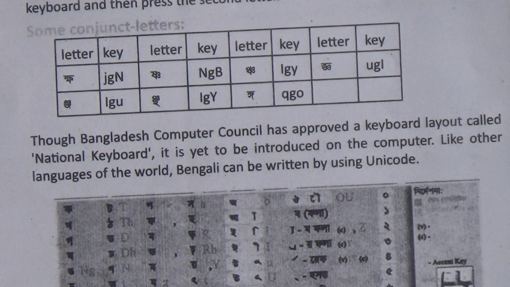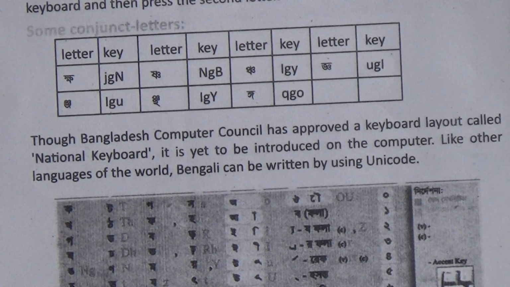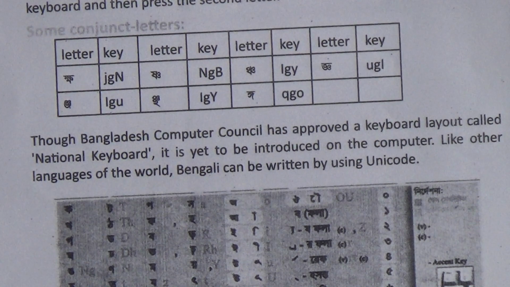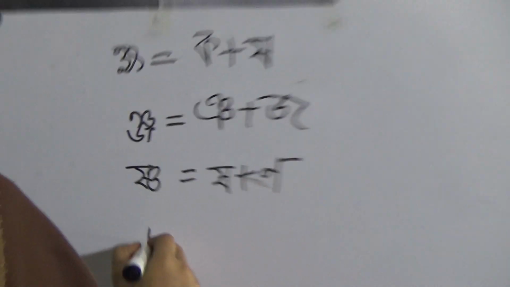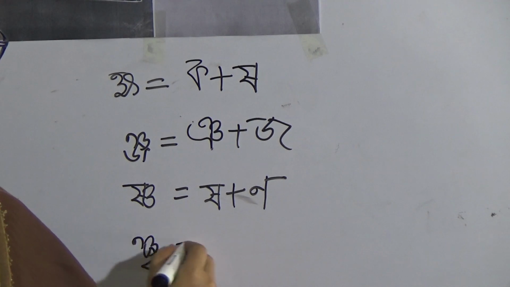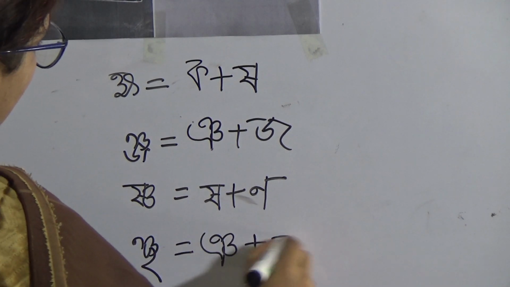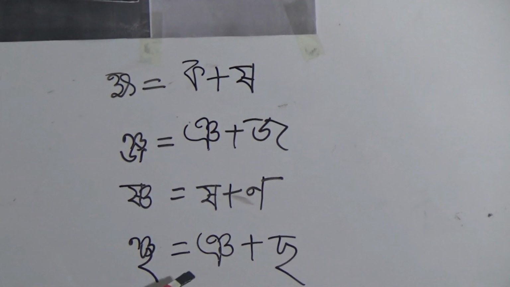Then murdhanya sha jog murdhanya na: capital N, G and capital B. Then jog cha: L, G, small g and y.